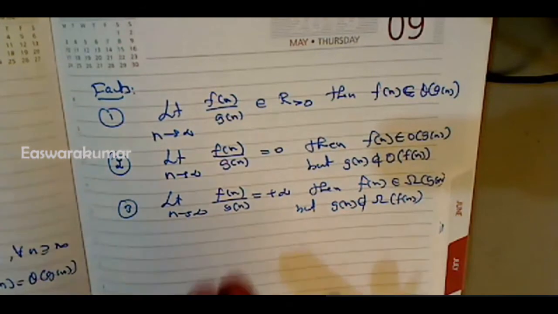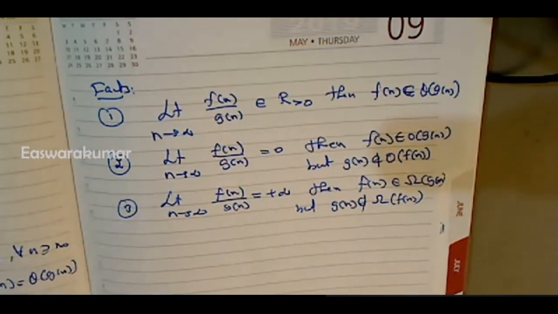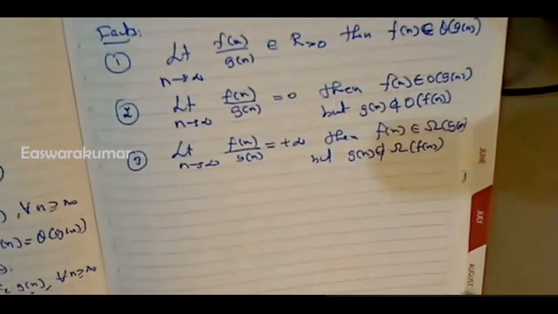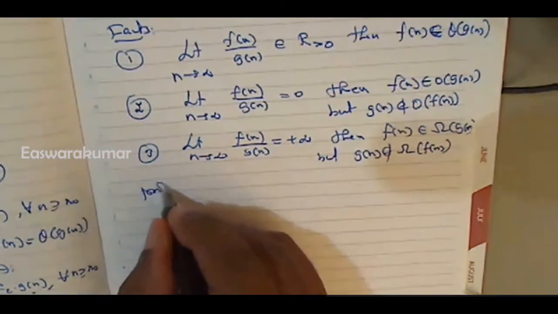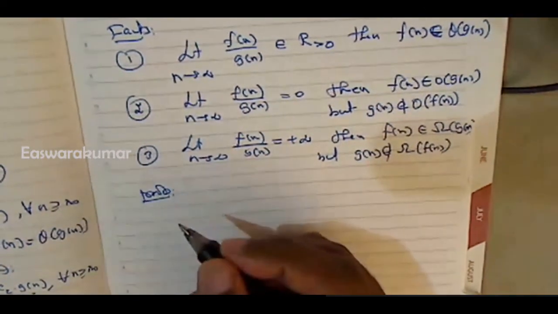So these properties you should know. Why you should know them is that I can take a problem and tell you how we make use of these properties. One problem I can take, since we cannot discuss a lot.